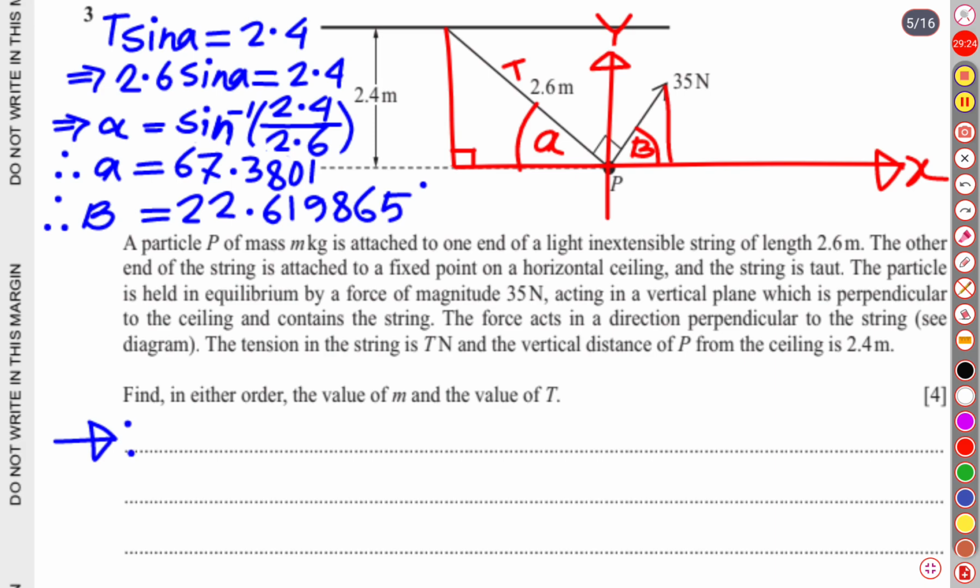The concept is Newton's law of motion, that is, driving force minus resistance to motion is equal to mass into acceleration.